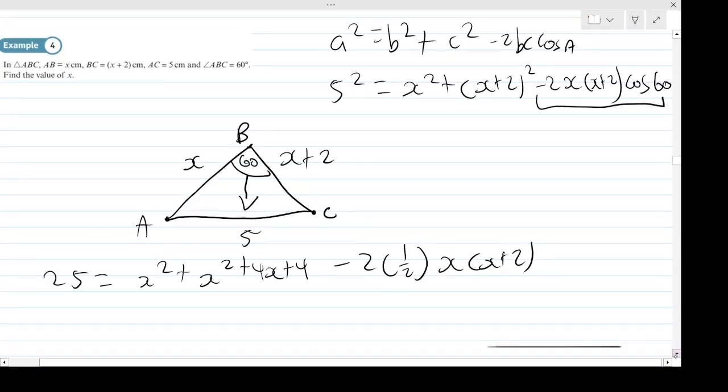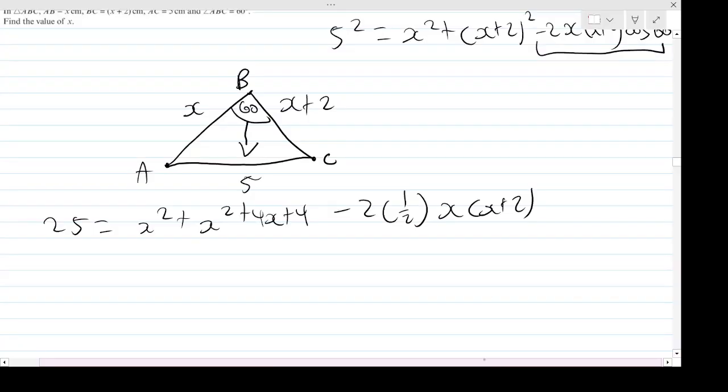Let's do it step by step. Then I can collect the like terms here: 2x squared, add 4x, plus 4. Then minus 2 times a half is just minus 1, so I simply get minus x times x plus 2, which is minus x squared minus 2x. Then I can move the 25 to the other side, because I notice this is a quadratic equation.